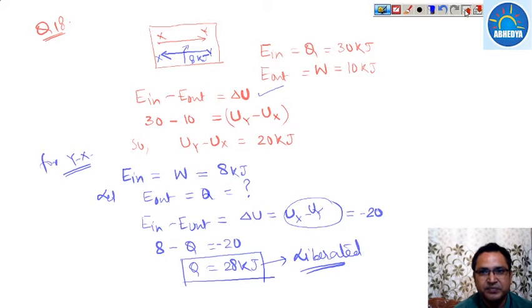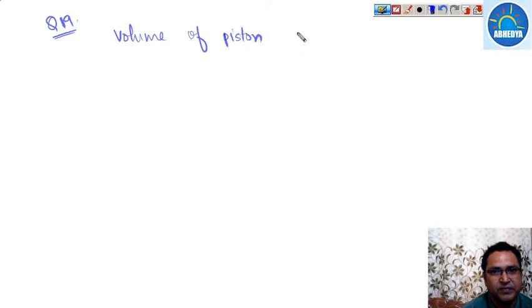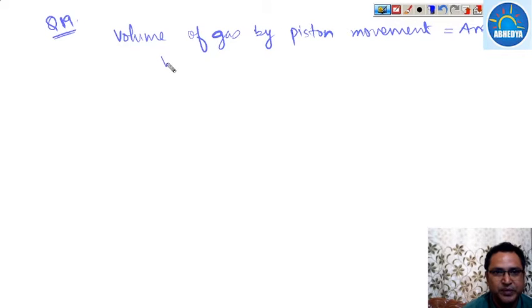The volume of gas displaced by piston movement is equal to area into distance. Let this volume be V.